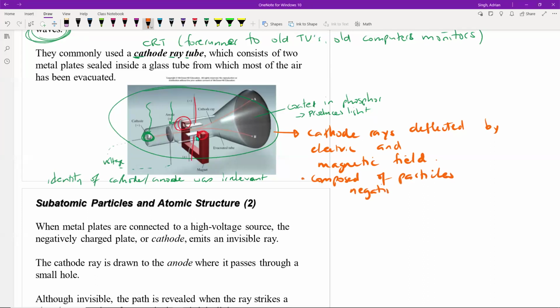They were repelled from the negative electrode and attracted towards the positive electrode. So they're negatively charged particles that they discovered with this seemingly simple experiment.